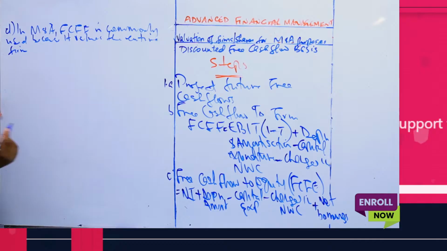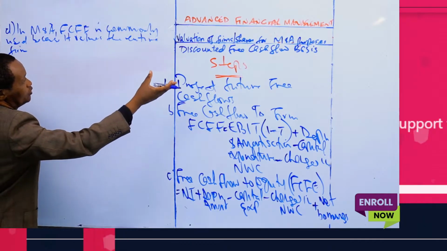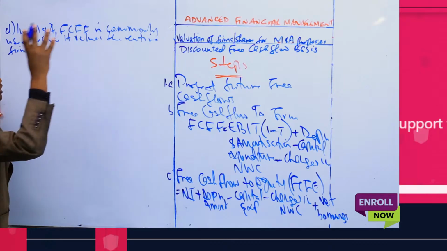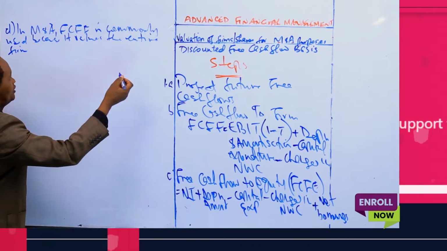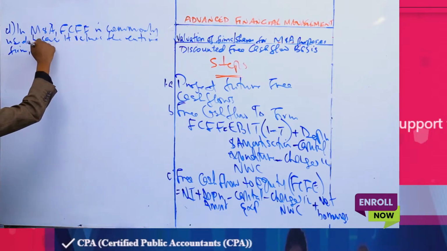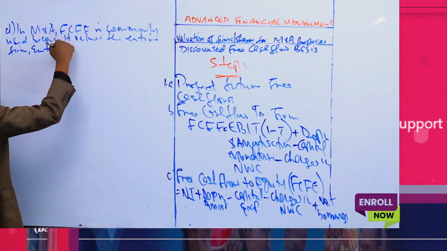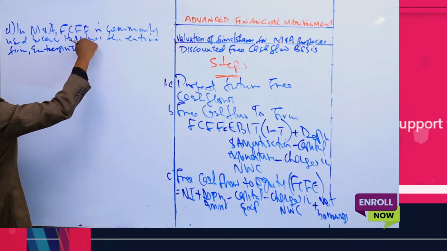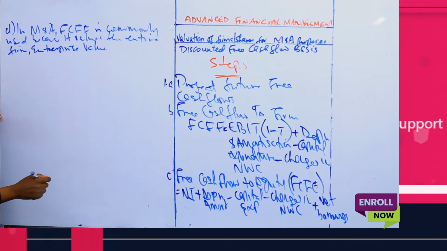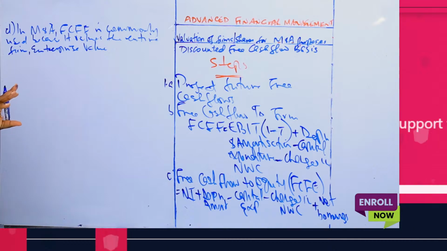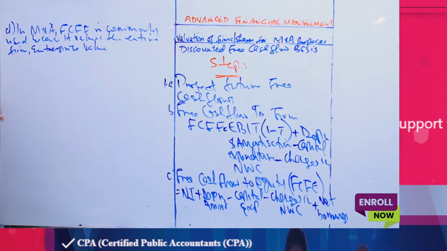The free cash flow to the firm is commonly used because it values the entire firm, what we are calling the enterprise value. After arriving at the enterprise value, you adjust for net debt to arrive at equity value.